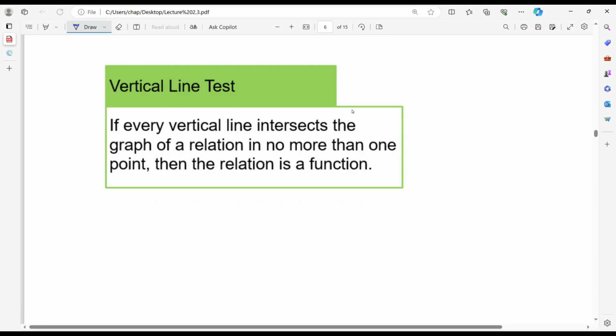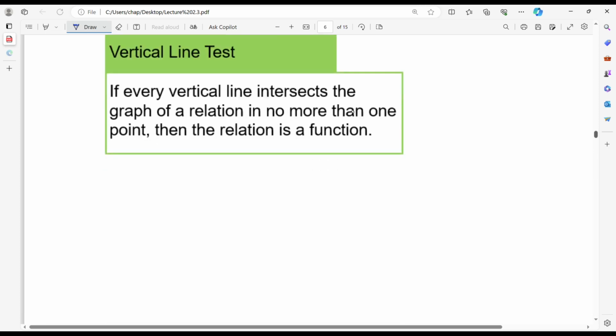The vertical line test. If every vertical line intersects the graph of a relation in no more than one point, then the relation is a function. This is a quick test to determine from a picture if a graph is a function or not.